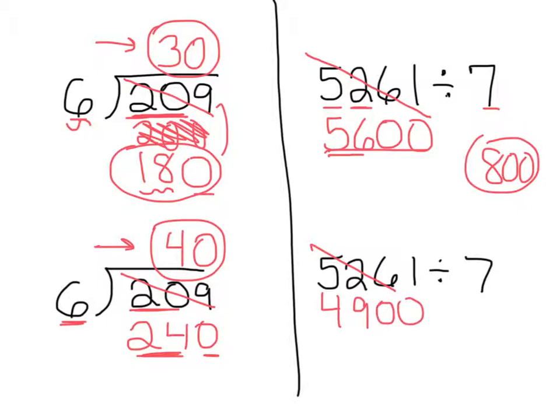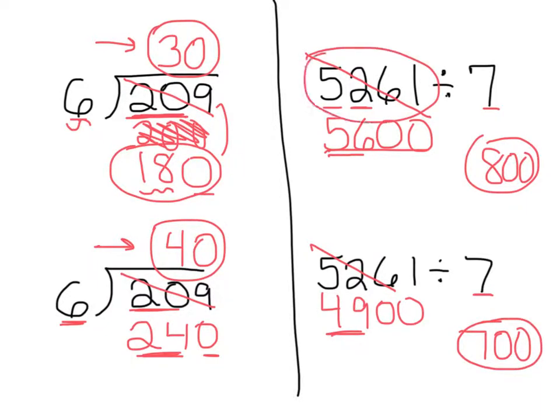Both are fine. And now we do 49 divided by 7, which is 7, add 2 zeros. There's my answer. So if you were to estimate 5,261 divided by 7, 800 would be a good estimate, and 700 would be a good estimate.